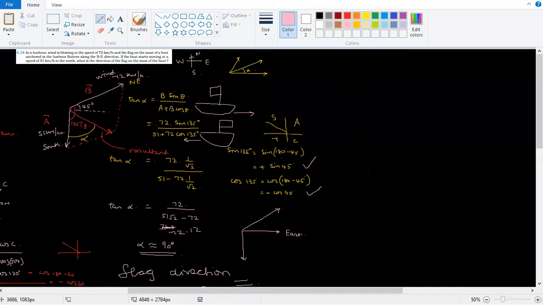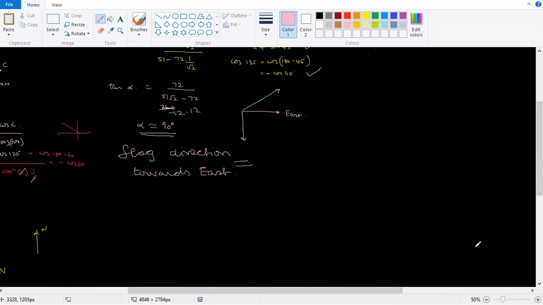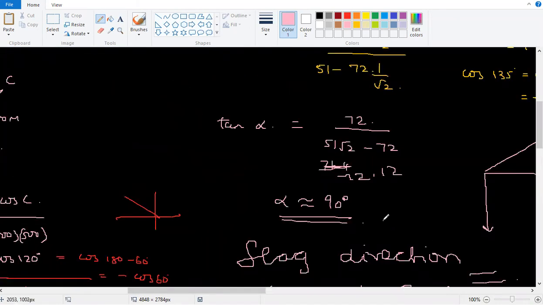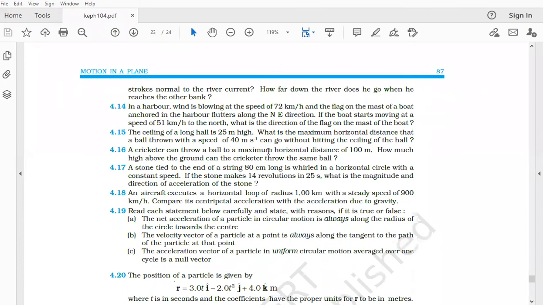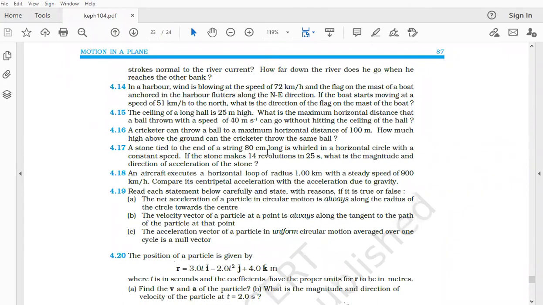Okay, so let's see. Ceiling of a long hall. Okay, maybe I'll give you the method. You can try it yourself.